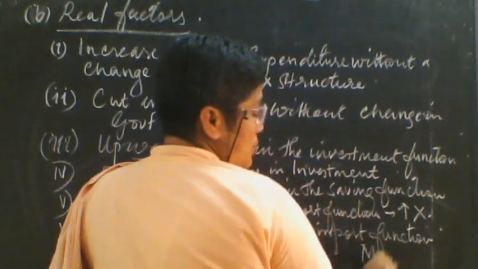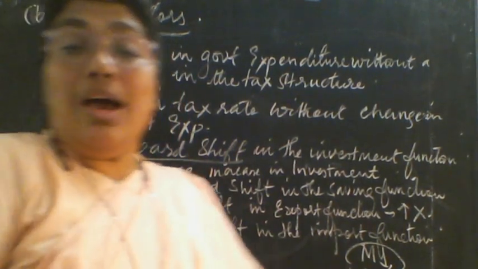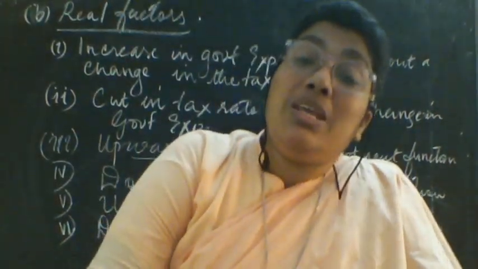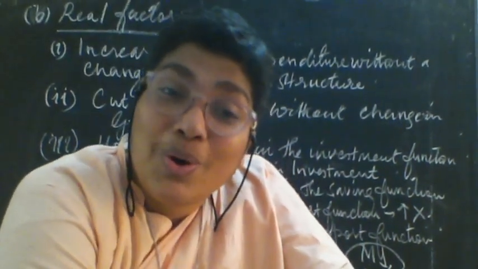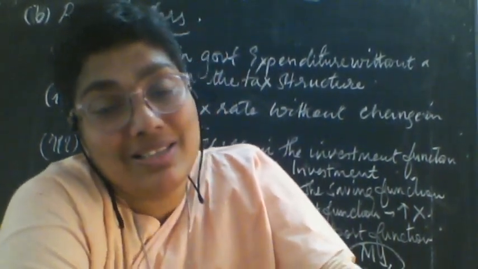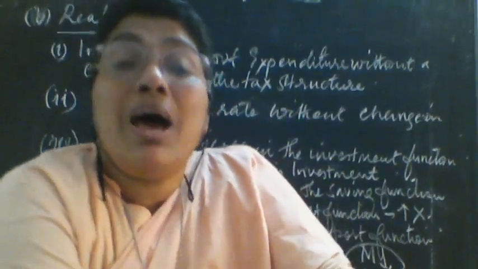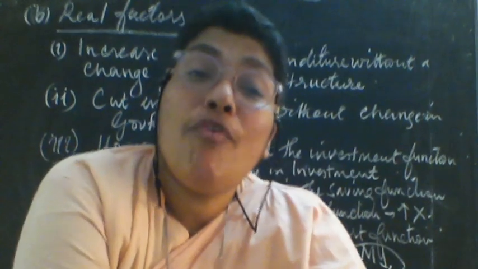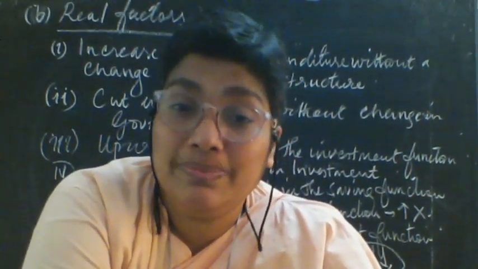Imports are reduced. M represents import. Imports are reduced means what? We are not spending on foreign goods and services, but we are spending more on our goods and services. Okay, so these are the demand pull factors caused by real factors.